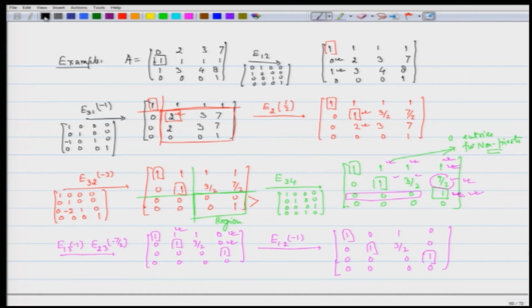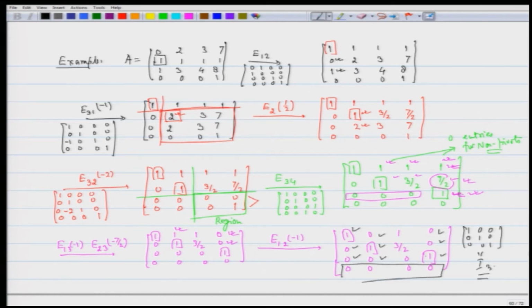You can see that there are 3 pivots. So, I get 1 0 0, 0 1 0, and then 0 0 1 here. So, I get I 3 because there were 3 pivots. All right. Please go through it. It is very important that the 0 rows are at the bottom.